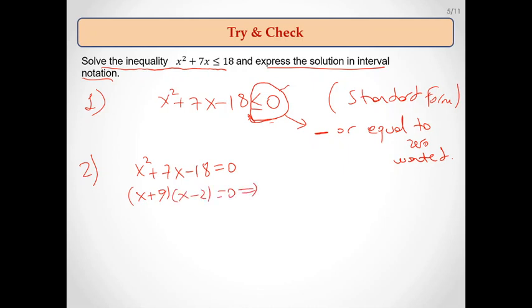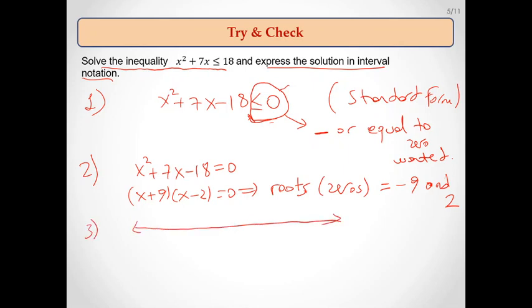That will give you 2 roots, sometimes called roots or zeros: negative 9 and 2. Then the third step is put them on the real line. Where is negative 9? It's here. And 2 is here, so I put negative infinity and plus infinity.